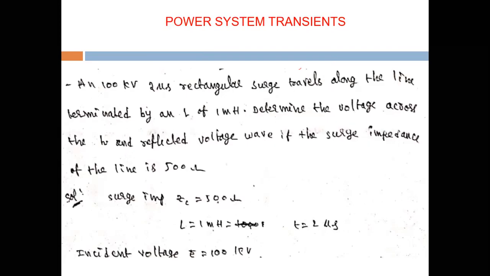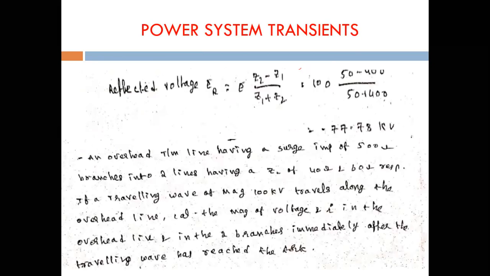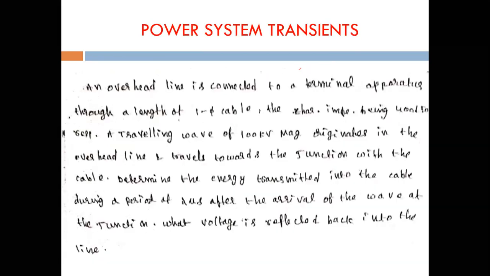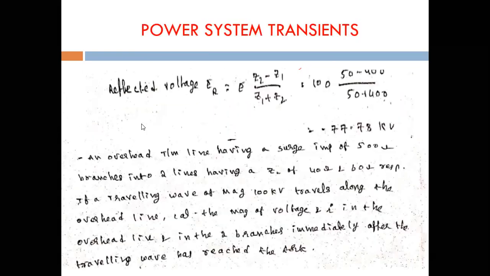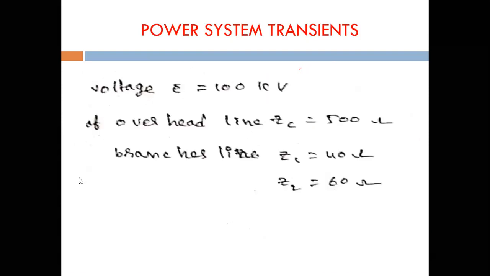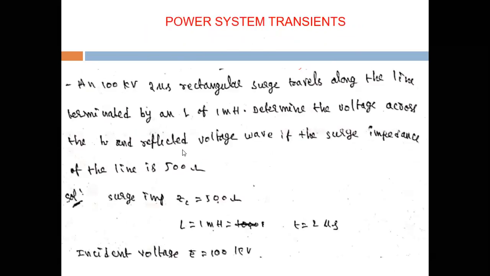Okay, this is the solution for that problem, and these are some of the problems related to the reflected voltages, the incident voltages, the voltage across the inductance and the voltage across the capacitance. So first problem, second problem, and this is the third problem.